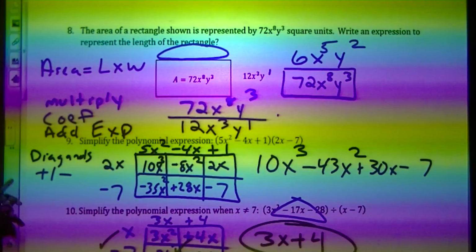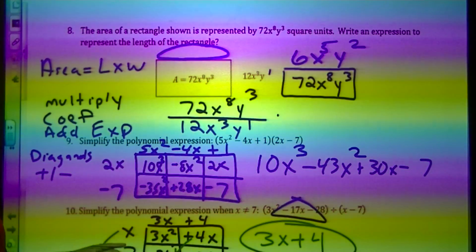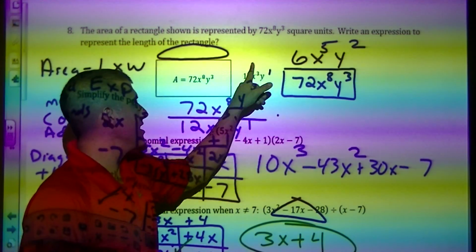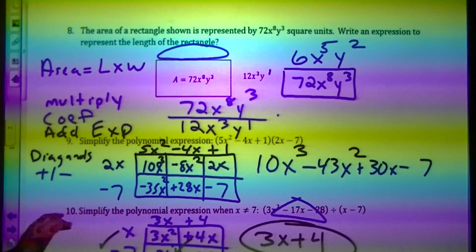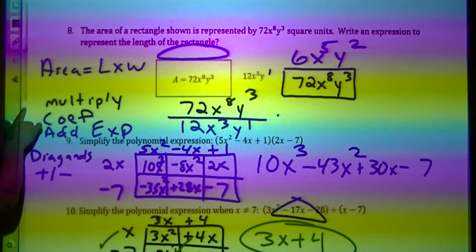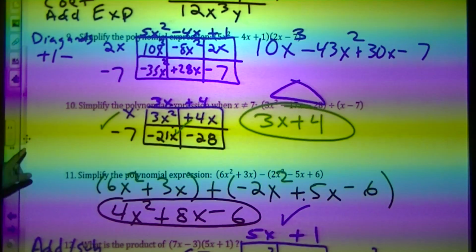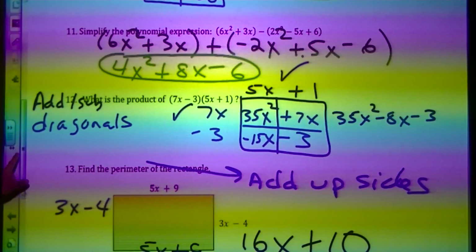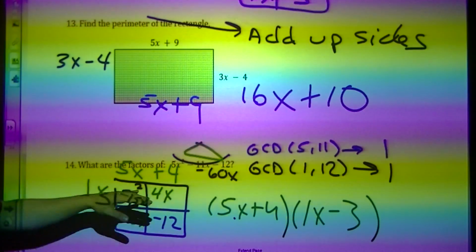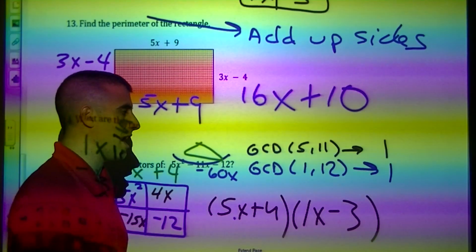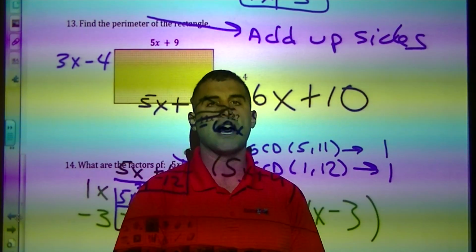The second part of the test is all the multiplication. Got to understand how the boxes work: these times this gives you that. You got to be able to go back and forth. With division, same thing. Then addition and subtraction, and after the multiplication part, you have all your factoring. That's what we worked on last chapter. So go ahead, go through that a couple times, and you should be fine.